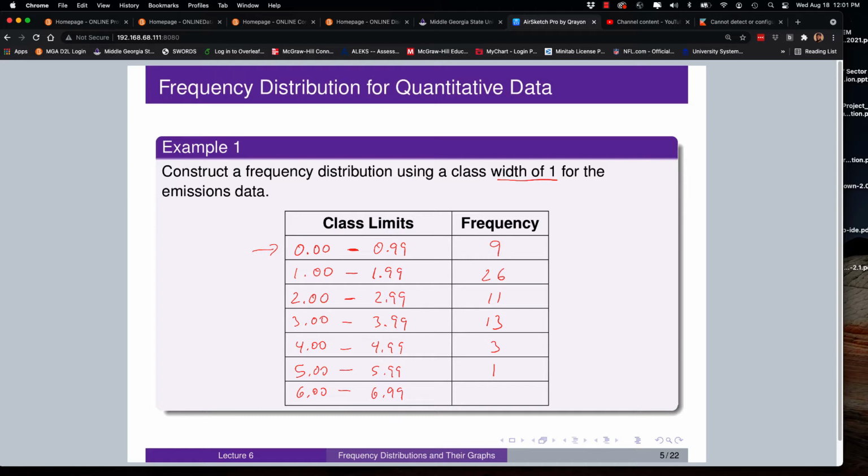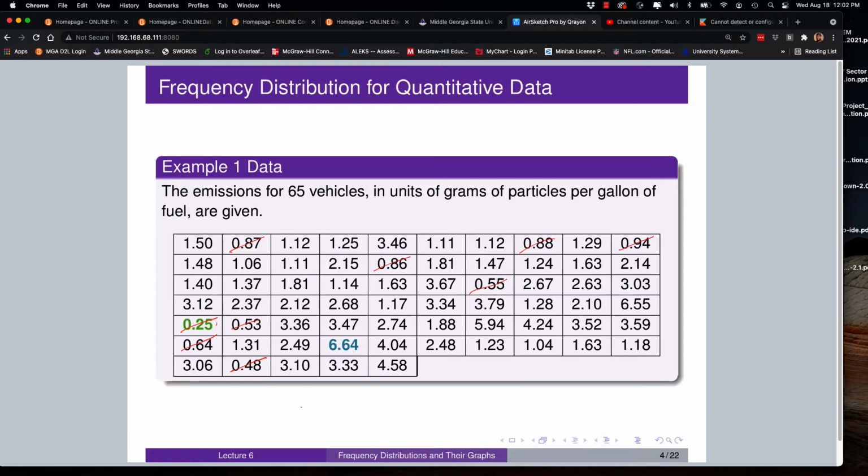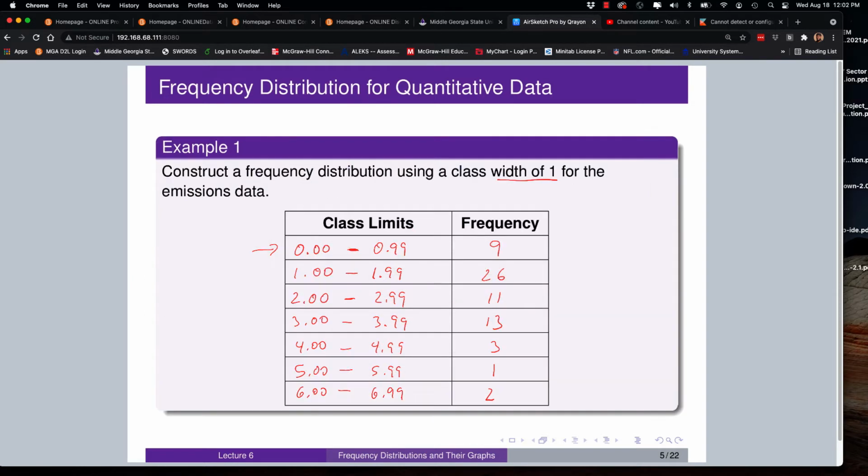Frequency should be 1 between 5 and 5.99, and between 6 and 6.99 we should have exactly 2. Matter of fact, that 6.64 should be one of them, and we should have one other value in there, and we do, 6.55, so there are exactly 2 of those. Again, double check me on that if you need to.